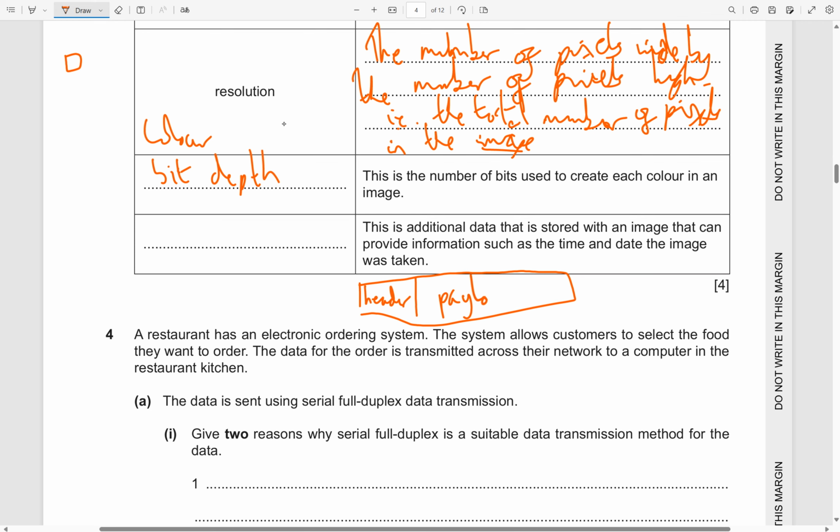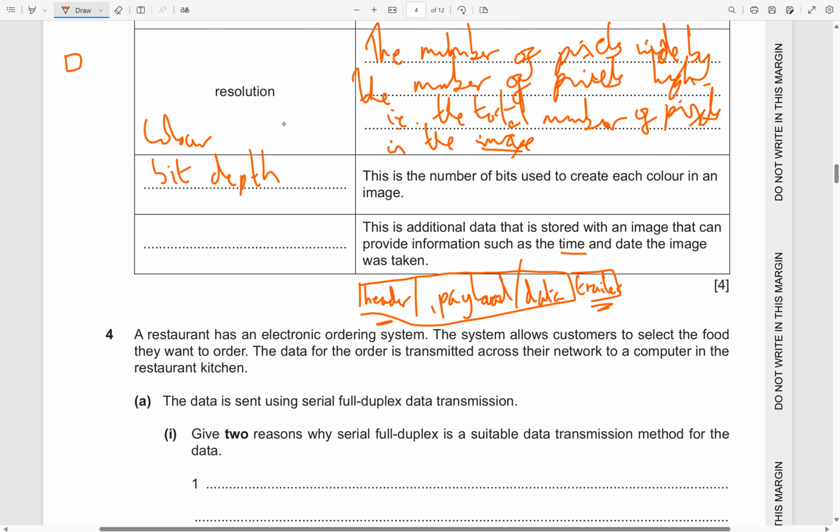You can really call it payload, but payload is maybe more for packets when you're transmitting something. If you're just storing it on a hard drive or SSD, you can just call that data. Some file formats are also going to have a trailer. For example, a PDF is going to have a trailer, as well as a header.